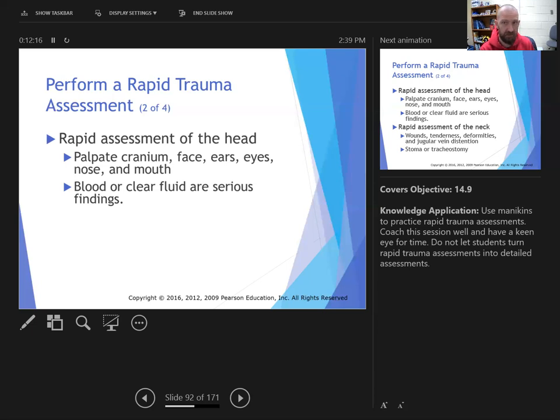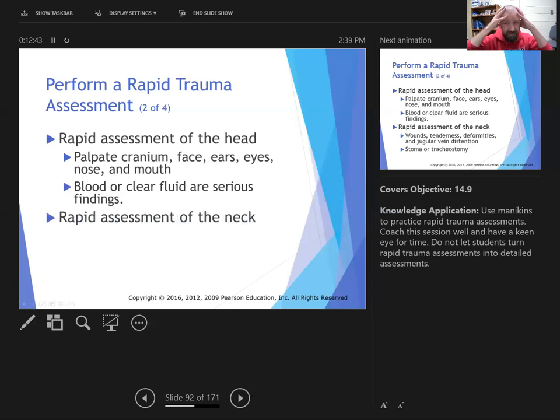We'll learn how to do the halo test to figure out if there's any CSF in that blood as well. It can be hard to differentiate there, so we'll teach you guys how to do a quick test for that. But blood coming from the ears, clear fluid from the ears or nose, those are serious findings.